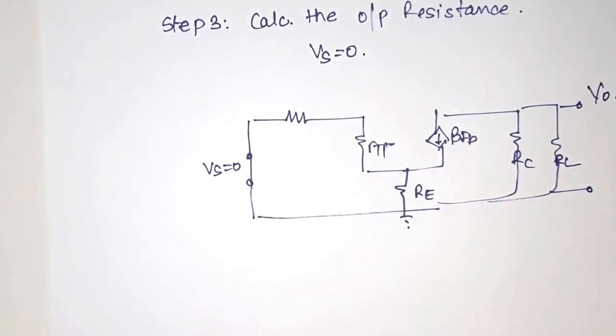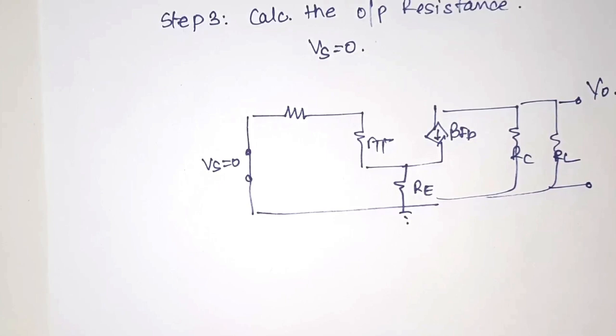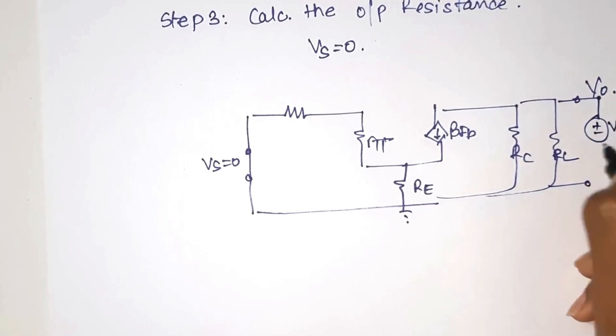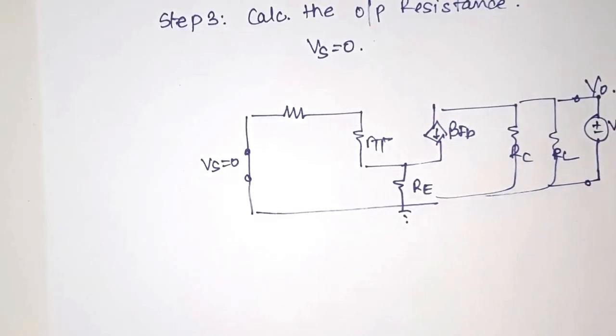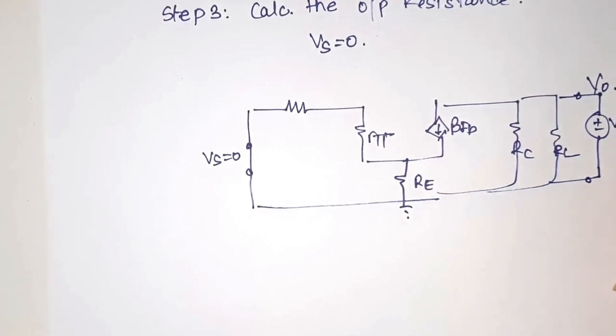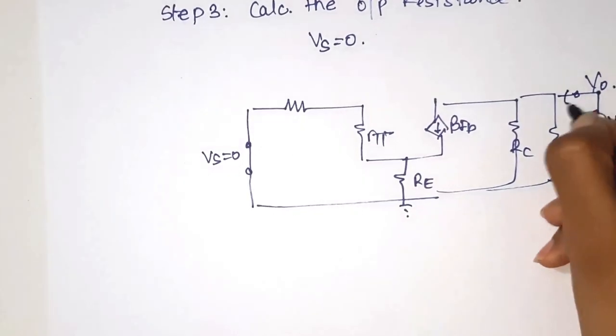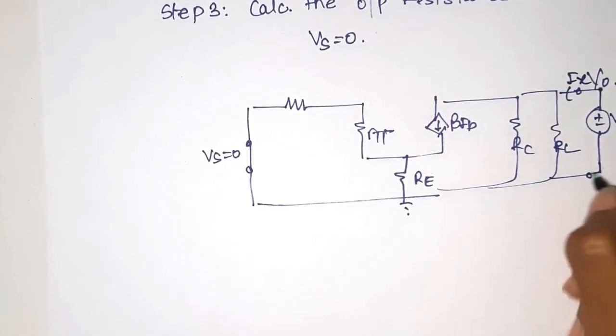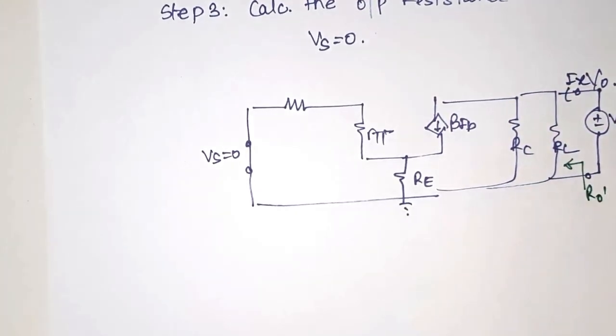Okay, so now what we'll be doing is, we'll assume that a voltage Vx is connected across the output terminal. So let us consider that we have applied Vx at the output terminal. So now the current that will be supplied will be Ix, right? The current that goes through it will be Ix. Fine. Now we need to calculate the value of RO dash. Now RO dash is seen over here, right?